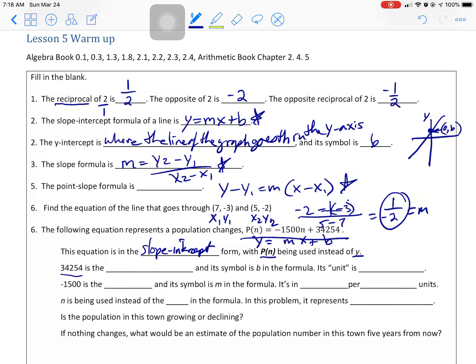So that number is the y-intercept, and the symbol is b in the formula, and the unit is, let's see, I should never read the problem first, the following equation represents population changes. So the unit is people.